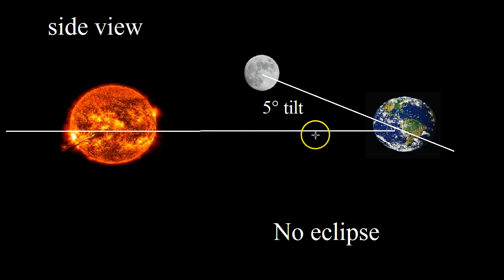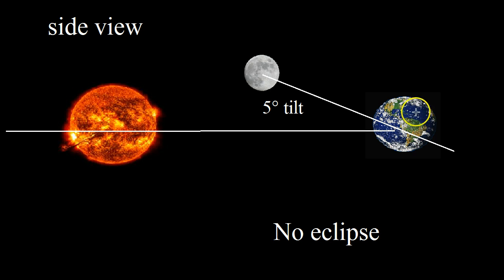See, this is the Moon orbiting the Earth here, but it has a tilt. Because of this, it is possible for the three bodies, the Moon, the Earth, and the Sun, not to have an eclipse every month.